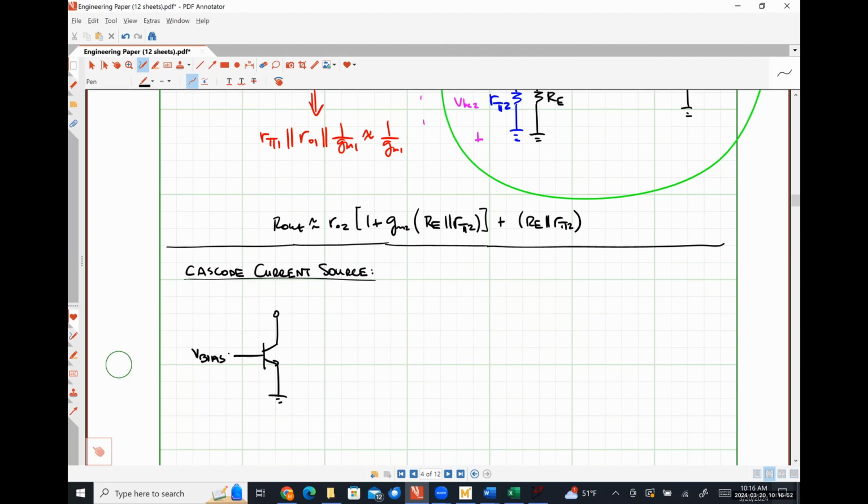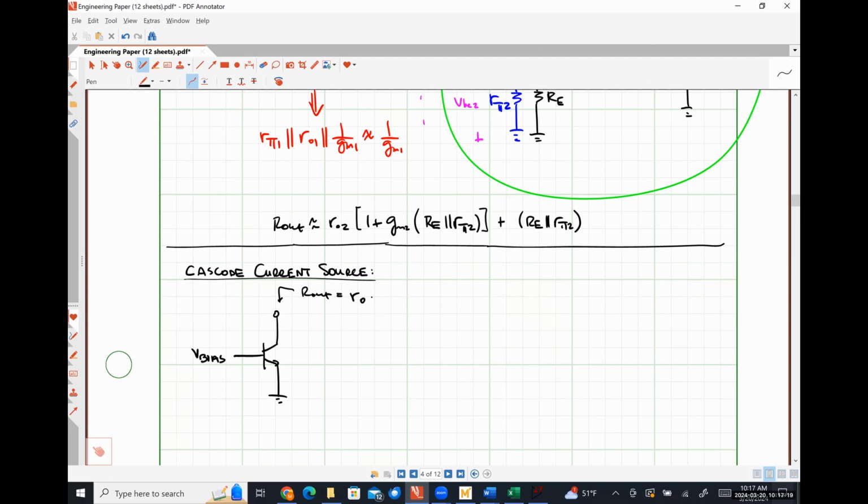We've also observed that the output resistance of this thing is just r_o. Okay? For some applications, that might be okay. For other applications, we might need to boost that output resistance to make our transistor current source look more like an ideal current source.